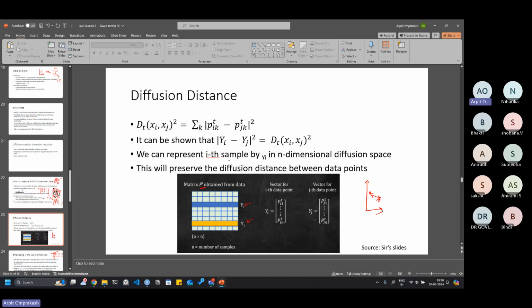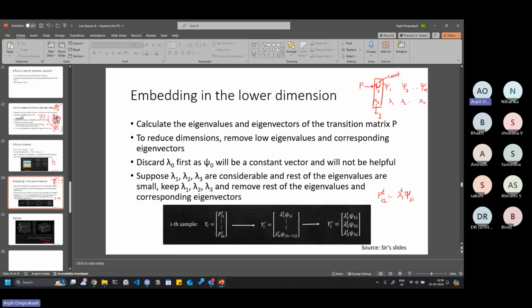Okay. So if you plot data in the dimensions of this P^t matrix, which is n cross n, where n is the number of samples, it will preserve the diffusion distance between the different data points. So in this case, we get a dimensionality reduction to n. And after that, we can go to even lower dimensions.